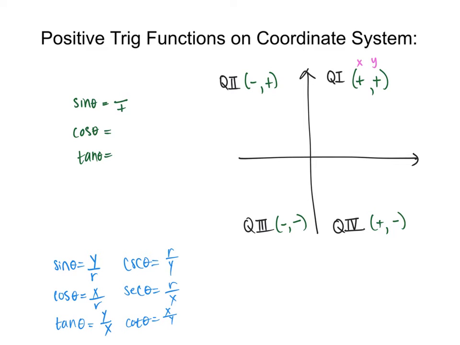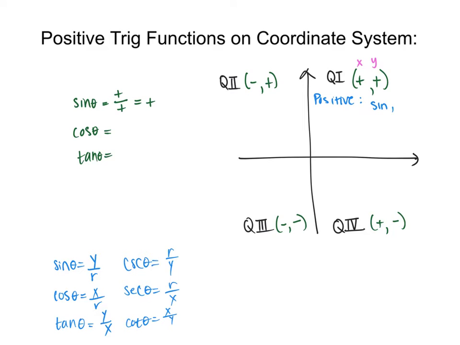Well, when you take a positive number divided by a positive number, you're always going to get a positive number. So in this case, we're going to start naming all the positive trig functions, and sine is one of them, okay? Let's see if we have any more.